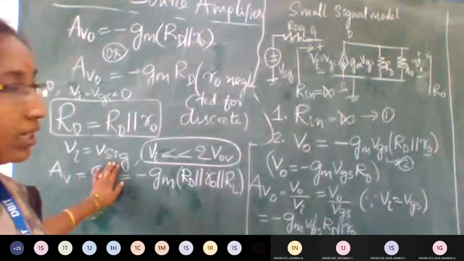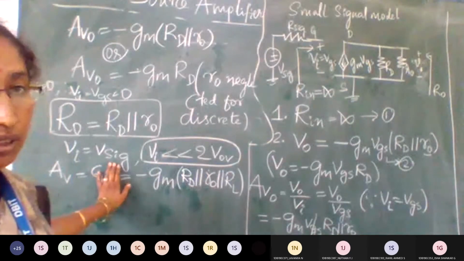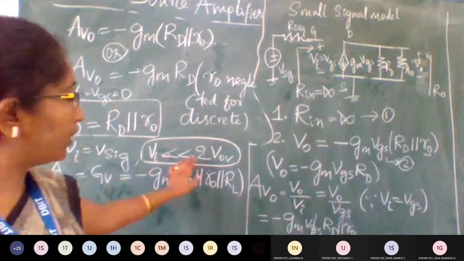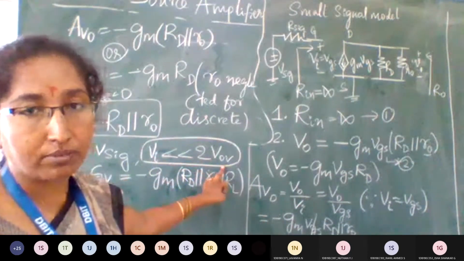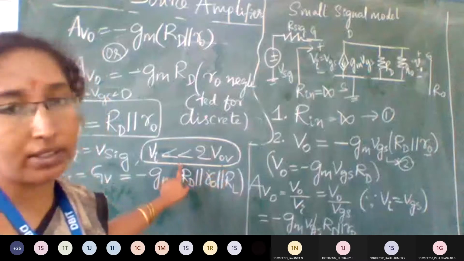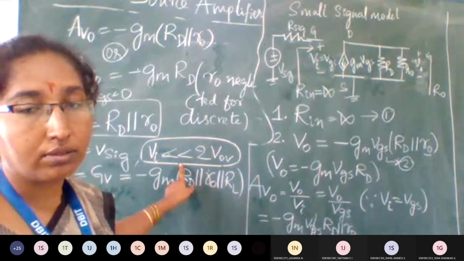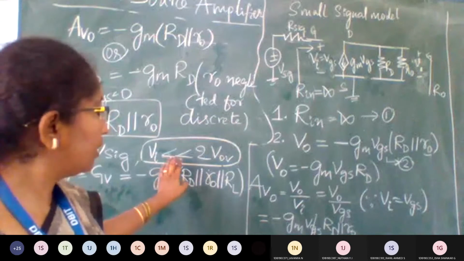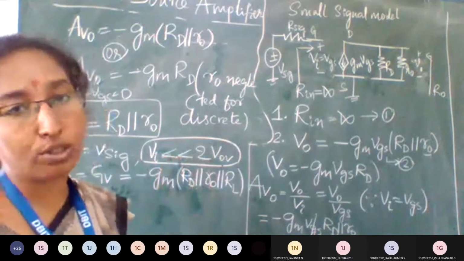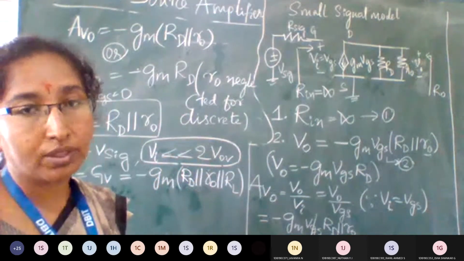Vi input is nothing but your signal voltage, how much you are giving. Always this input value should be much lesser than twice of VOV. VOV is VGS minus VT. So you should remember this.